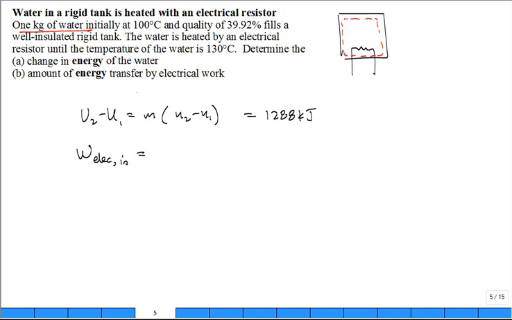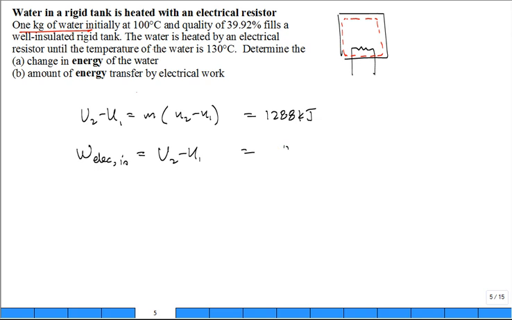The control volume just includes the 1 kilogram of water. The heater's on the inside of it. I neglect the mass of the little heater, but the wires of the electric connectors cross the boundary of my control volume. So this, from the first law, boils down to U2 minus U1, hence the same value.